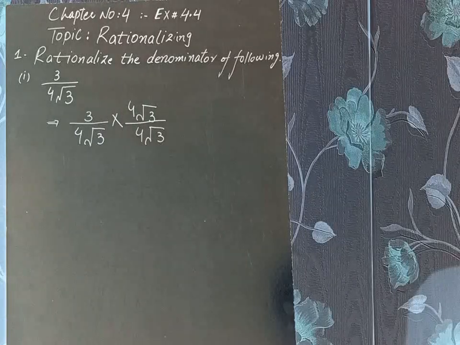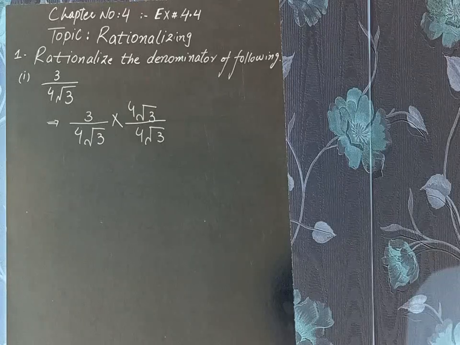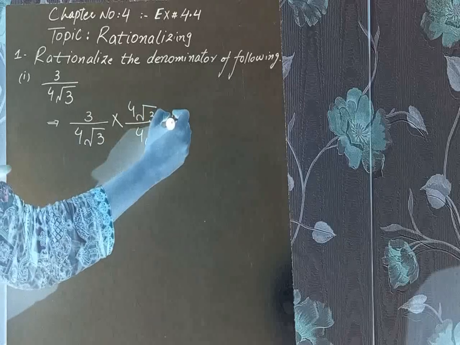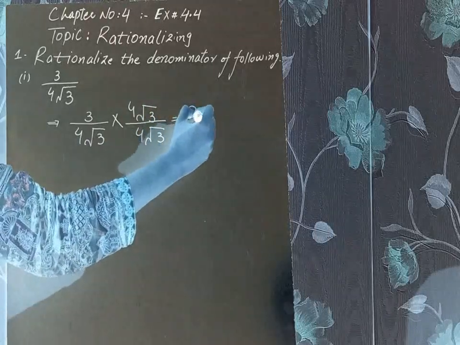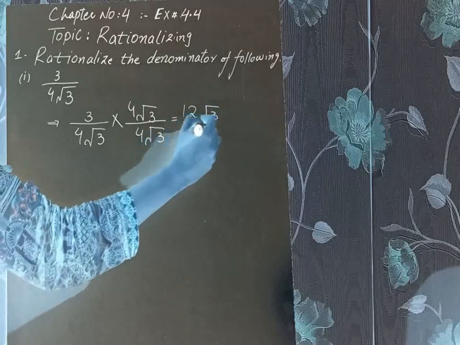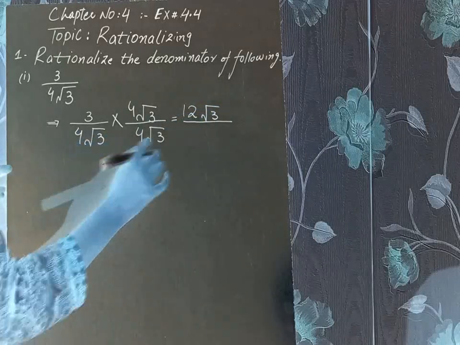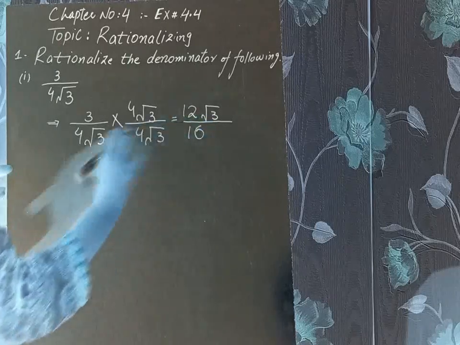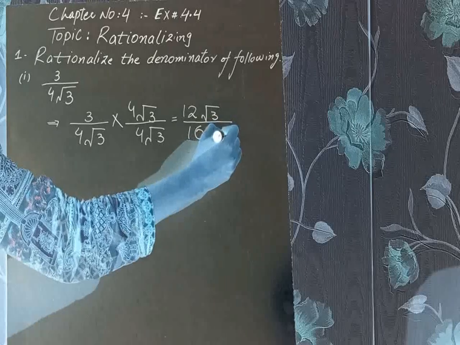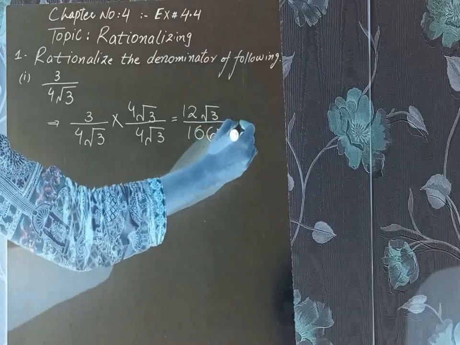Simply we will multiply the numerator by numerator and denominator by denominator. 3 fours are 12, and in the surd this is under root 3. Then 4 fours are 16, and under root 3 multiplied by under root 3 is under root 3 squared.